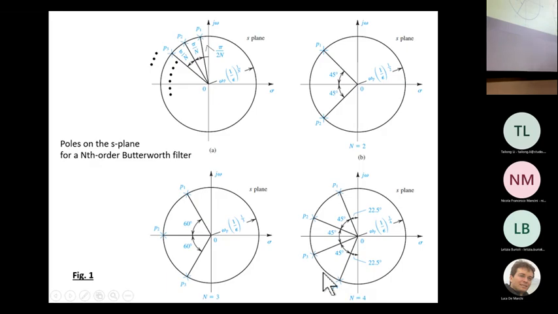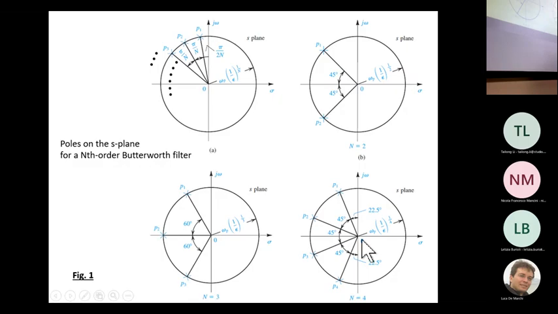So in the Butterworth family, the poles are arranged in this way. You can have either odd or even order filters. If the order is odd, then you have one real pole, and all the remaining are conjugate pairs.